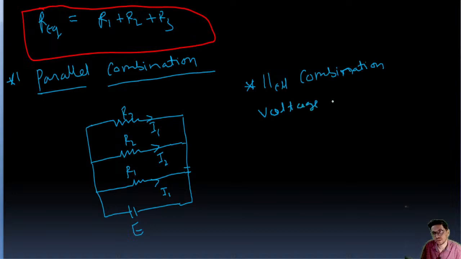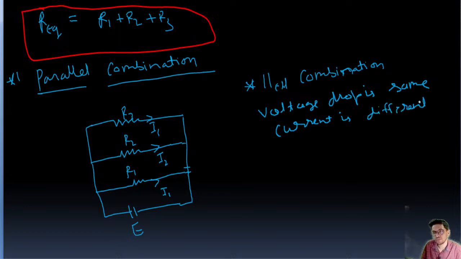The voltage drop is the same, and the current is different. In series, current is the same and voltage is different. These are main points we need to know.